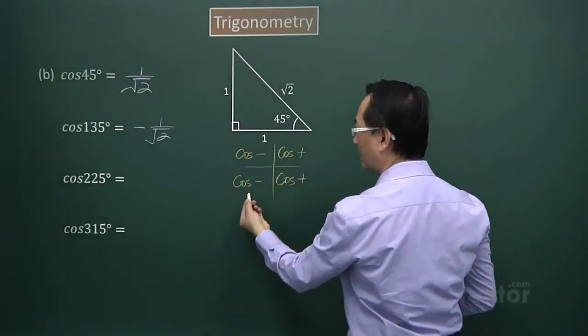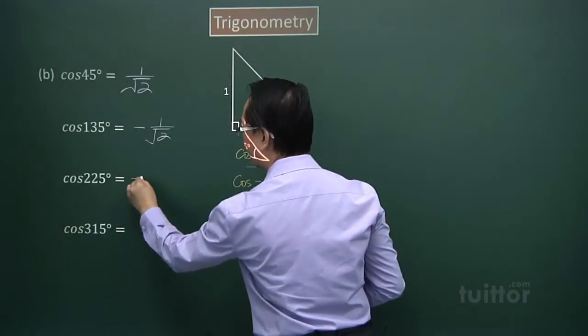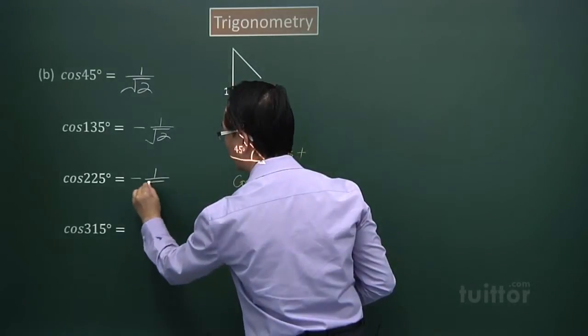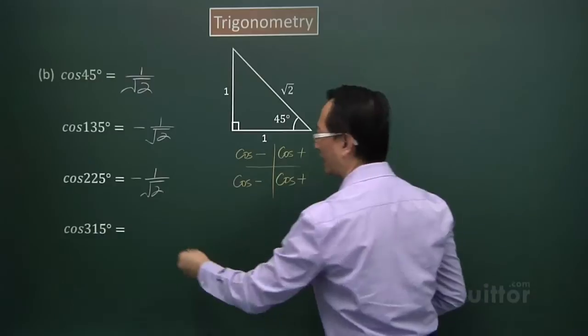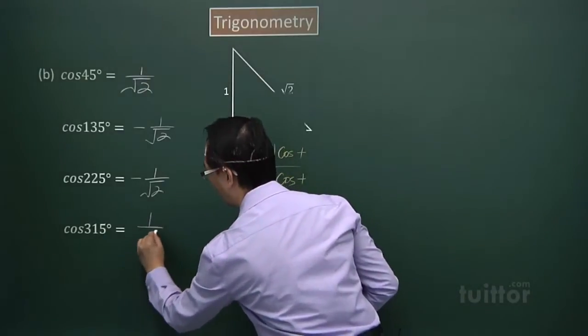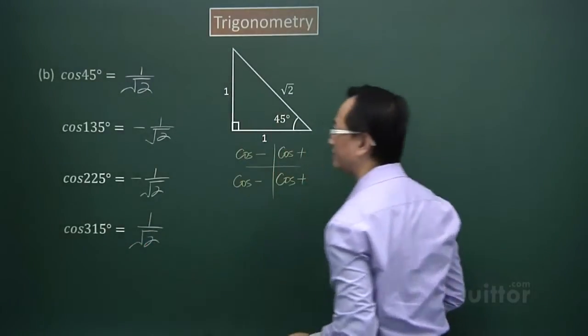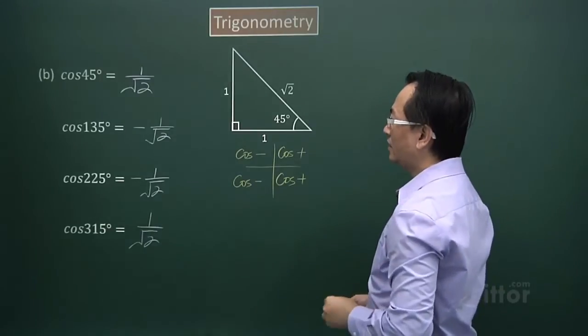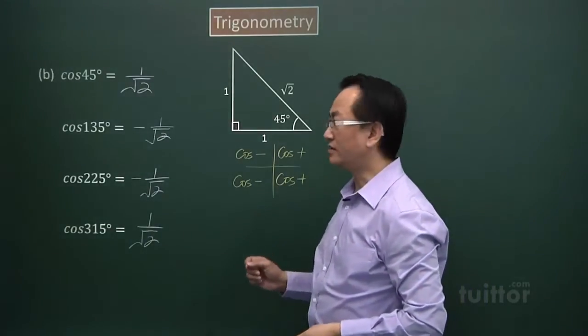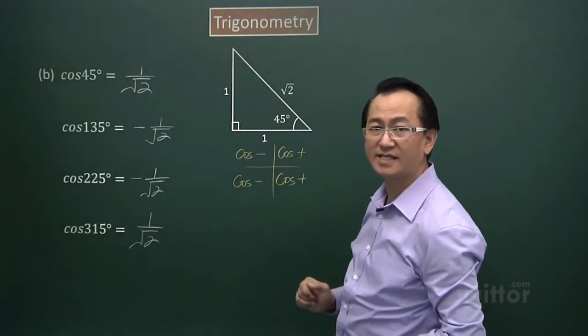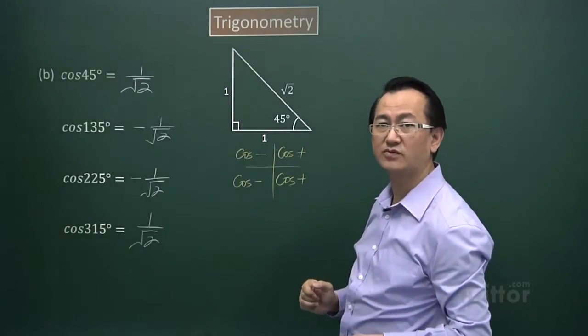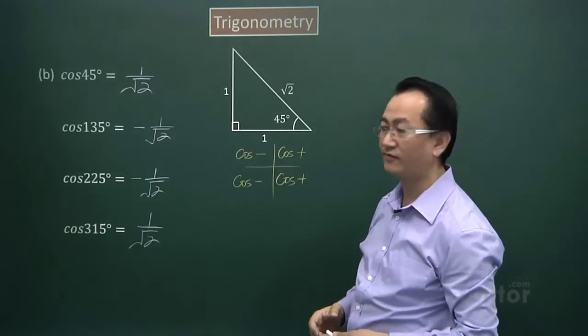For the third quadrant, I will have negative 1 over square root 2. The fourth quadrant, I will have just the positive 1 over square root 2. So also one thing to consider is that for this particular case, sine 45 is equal to cosine 45.